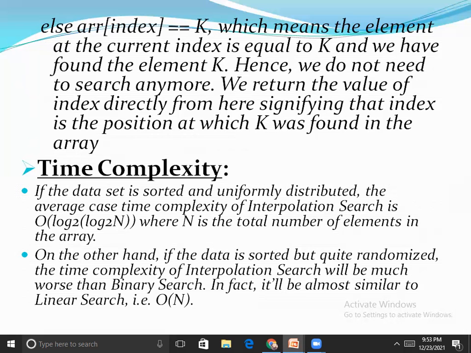On the other hand, if the data is sorted but not uniformly distributed, the time complexity of interpolation search will be much worse than binary search. In fact, it will be almost similar to linear search, that is, big O of n, where n is the total number of elements in the array.